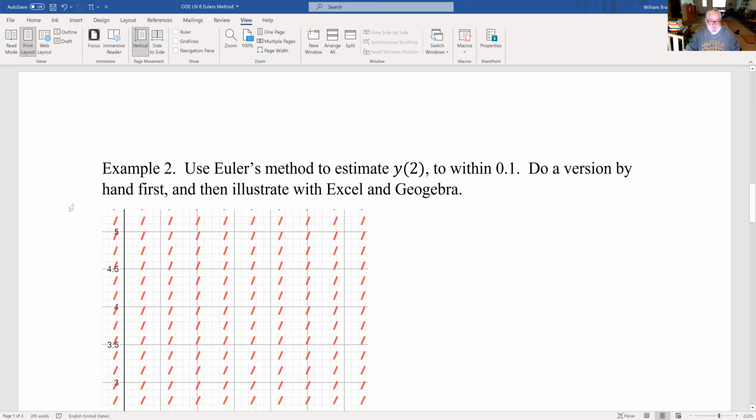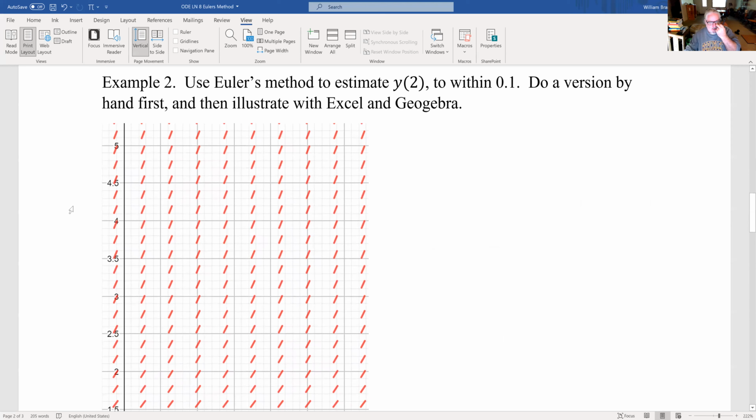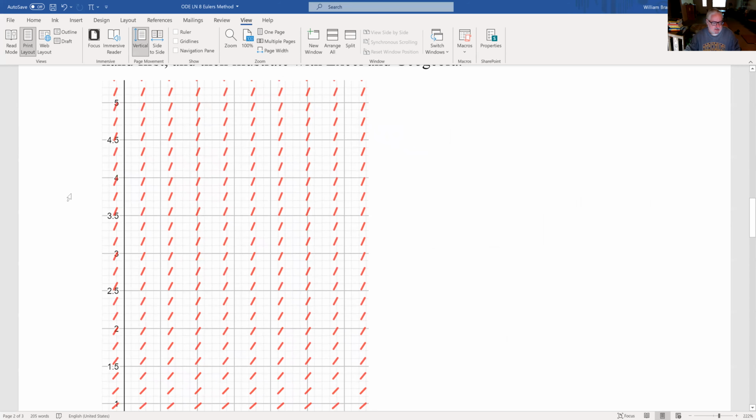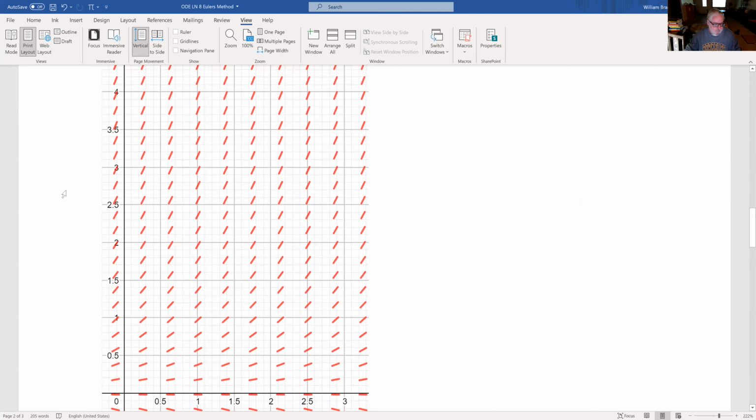So we want to estimate y of 2 to within 0.1 and do a version by hand first and illustrate with Excel and GeoGebra. So we're starting here at y equals 1. And if we follow the slopes, we end up somewhere over here by the time we get to t equals 2.